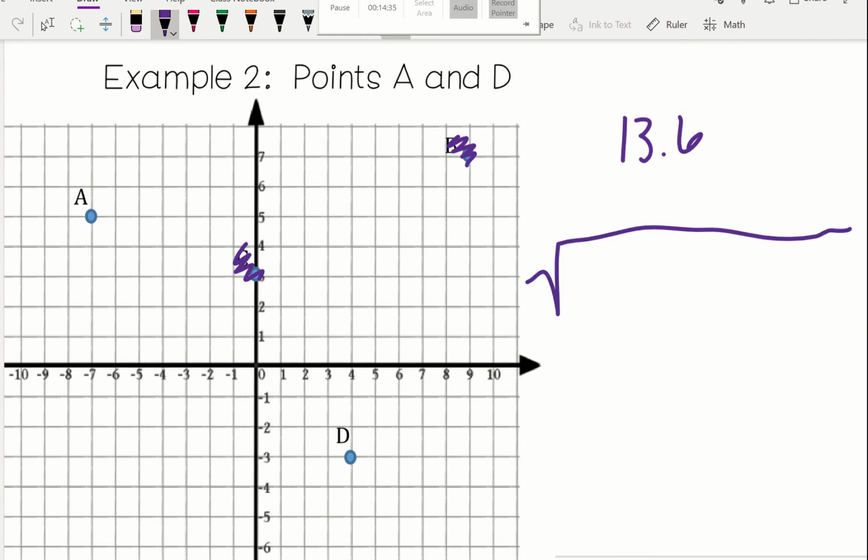So if the right side was my x2, it would have been 4 minus negative 7, so plus 7 squared, plus negative 3 minus 5 squared.